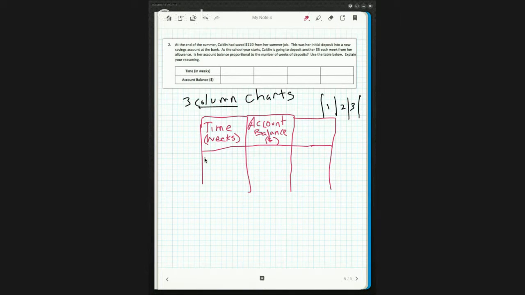Remember, in column 1 and column 2, we put in our data pairs. And column 3 is going to be our constant of proportionality.